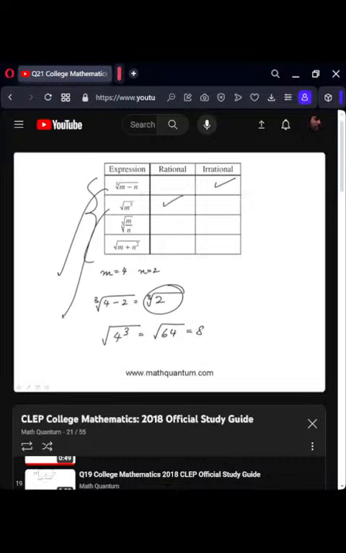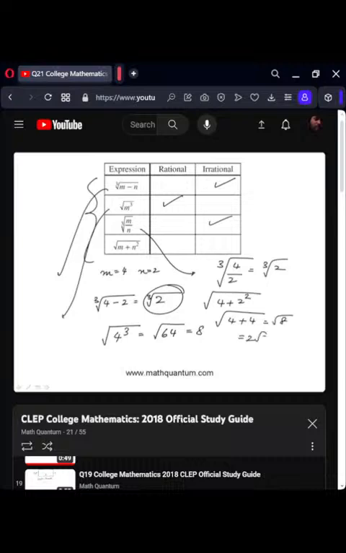So that's rational. And then cube root of m over n, so that's going to be again cube root of 2, that's irrational. And then finally square root of m plus n squared, so 4 plus 2 squared, that's 4 plus 4, square root of 8, that's 2 root 2, that's irrational, so those are the choices.